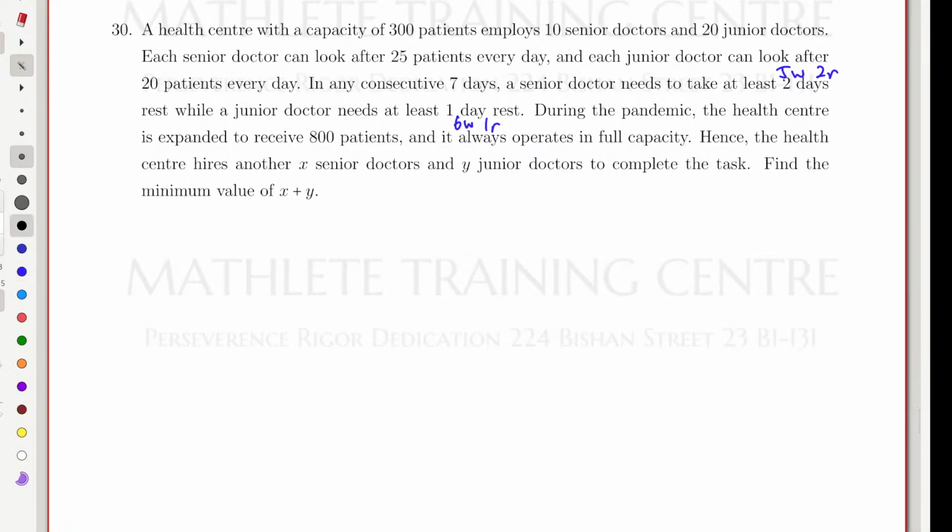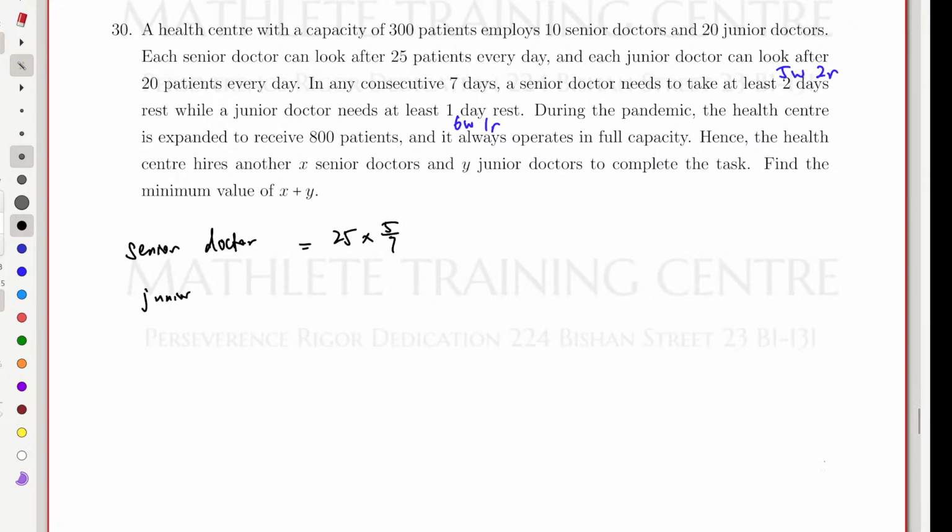So a senior doctor can look after 25 patients every day, but a senior doctor is only here 5 over 7 of the time. So the effective rate of a senior doctor is going to be 25 times 5/7, right? Each effective rate of a senior doctor is this much.